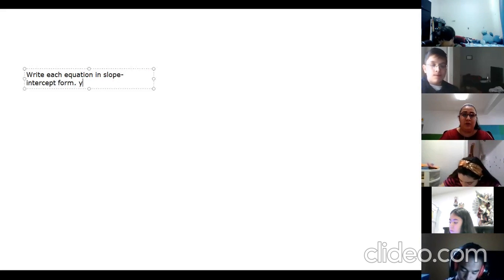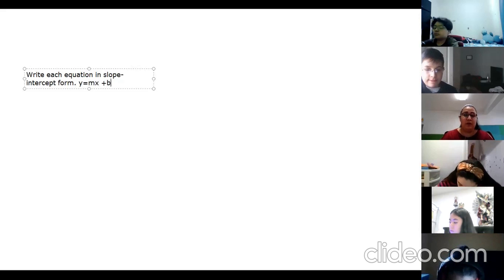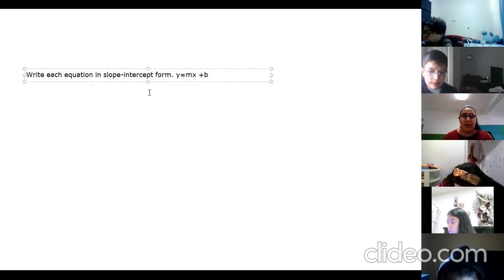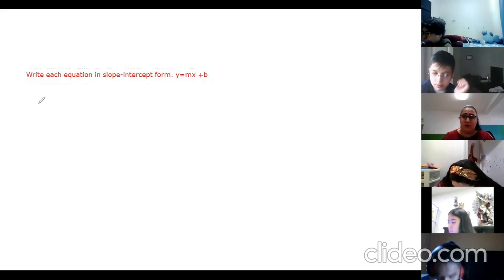And our slope-intercept form, remember, is y is equal to mx plus b, where the m is our slope and the b is the y-intercept, okay? So let's go ahead and get started on this with number 7.